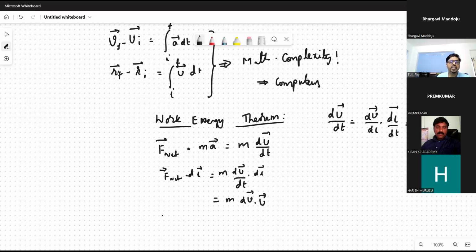And then we integrate either side, integral F net dot dl bar equals m into integral v bar dot dv bar. So this is a method we have. You start from initial to final.